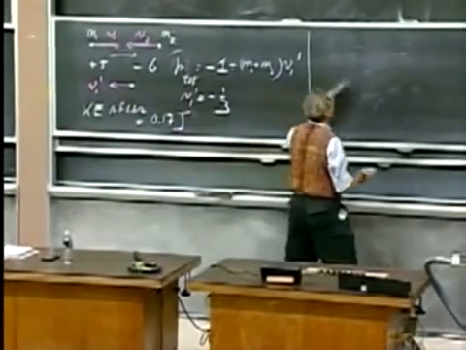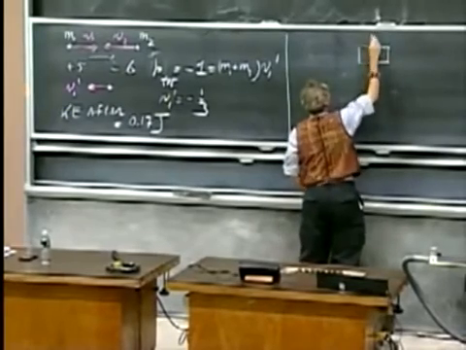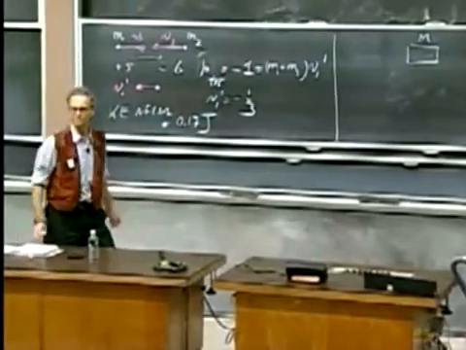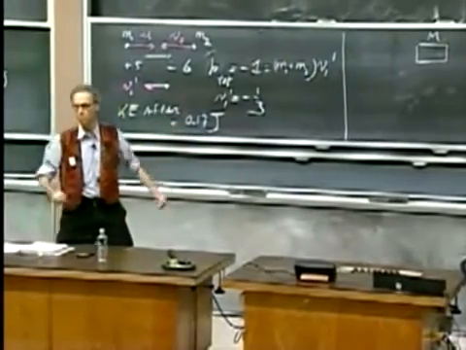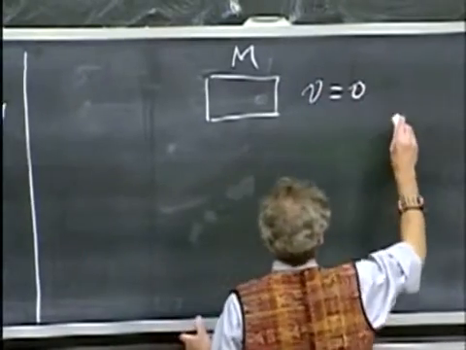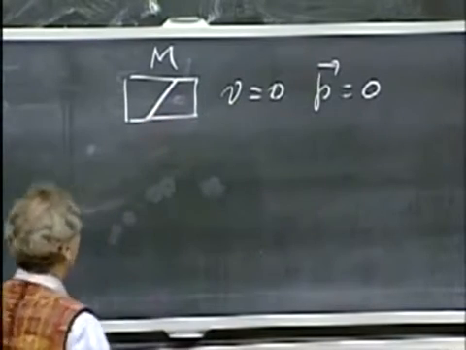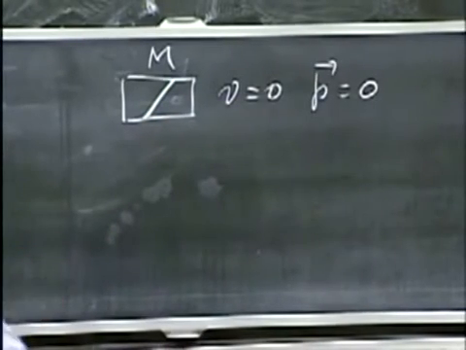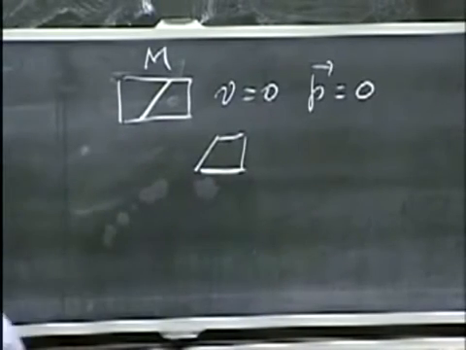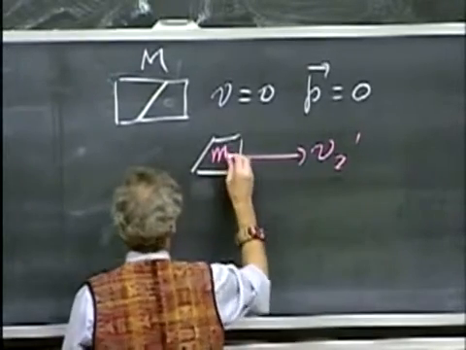In the most simple case that I can think of, I have here a block which has a certain mass m. But there is an explosive inside. And all of a sudden it goes boom! It explodes. Before, the speed is 0, and so the momentum is 0. And there comes the bang, and one piece flies in this direction with a certain velocity v2 prime. This is m2.